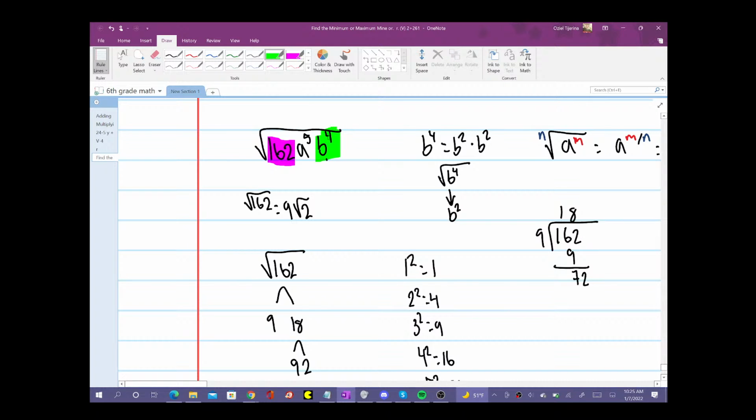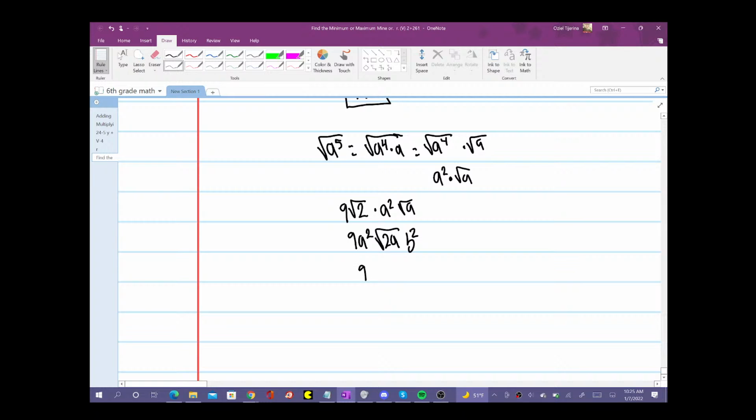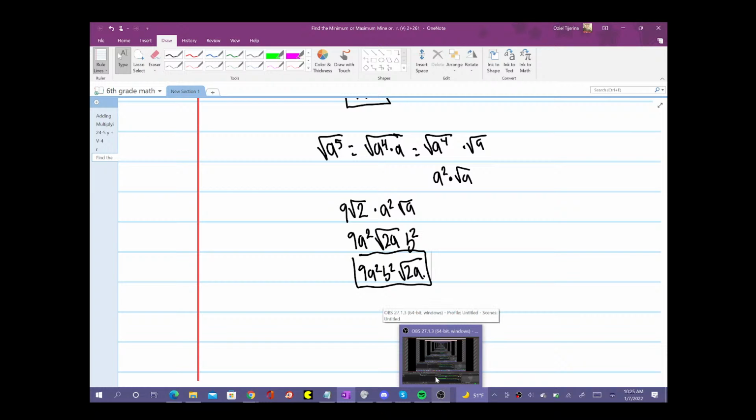So we need to put 9a squared b squared times the square root of 2a. Okay? I really hope that makes sense. I'm doing my best to explain it. If anybody's confused, let me know.